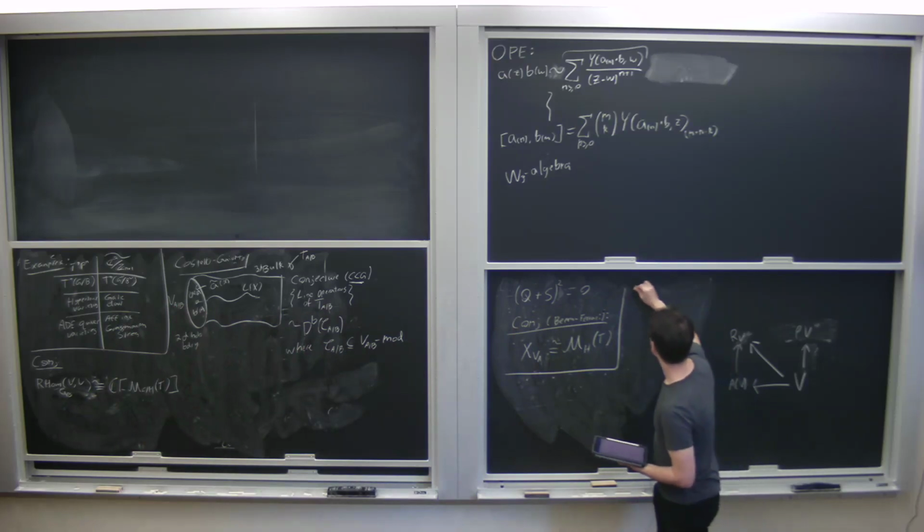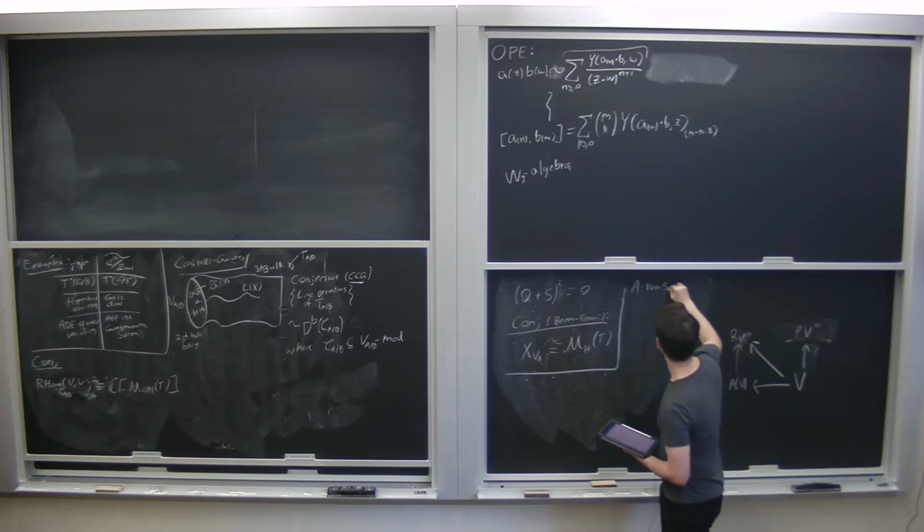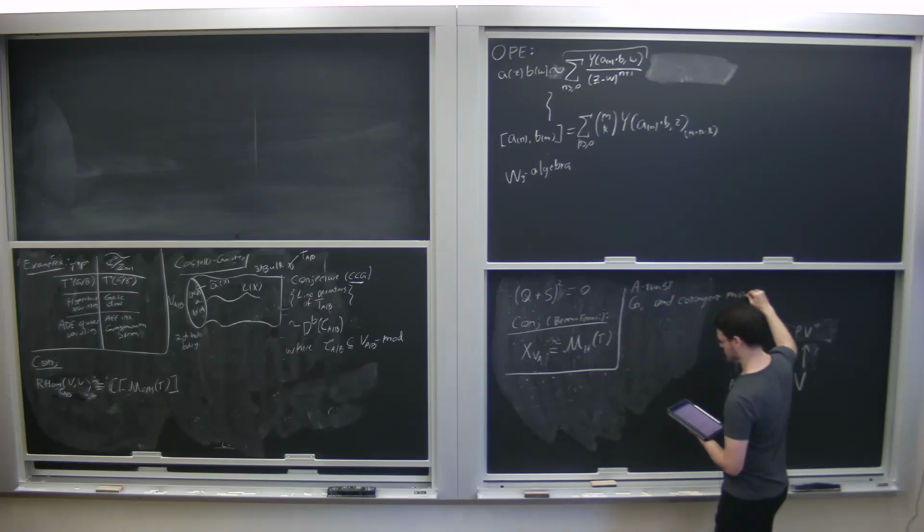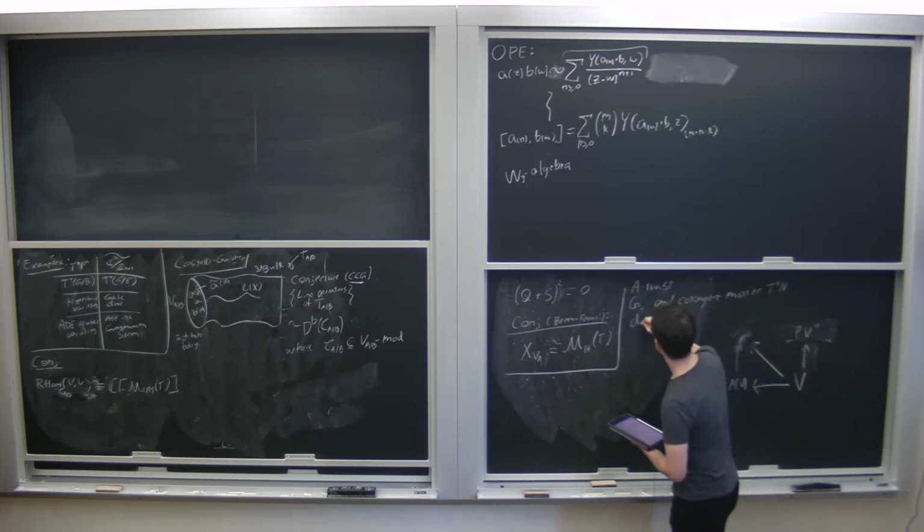Okay, so I'm now going to only be talking about the A twist with gauge group G and cotangent matter representation, where I'm going to say again the dimension of big N is little n.